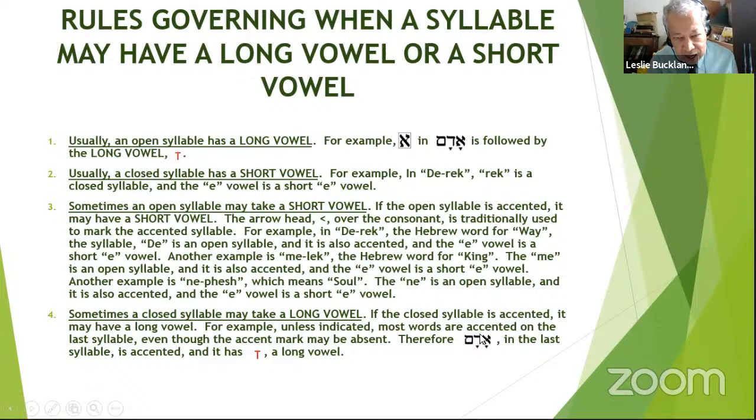So since this is accented, the rules governing where you put long or short vowels tell us that a closed syllable will take a long vowel when that closed syllable is accented. So tham or dam has an accent in that closed syllable, and therefore it has kames in it as a long vowel.